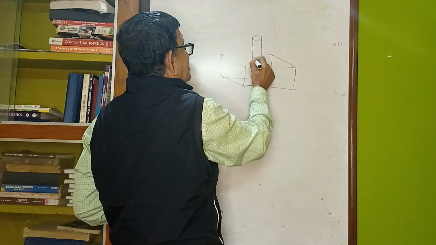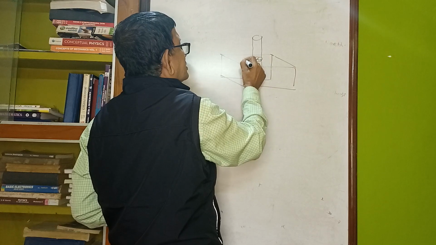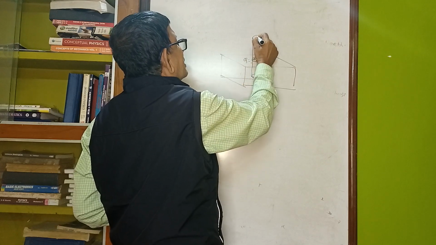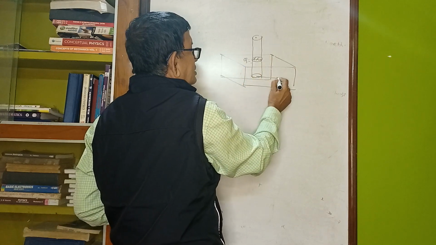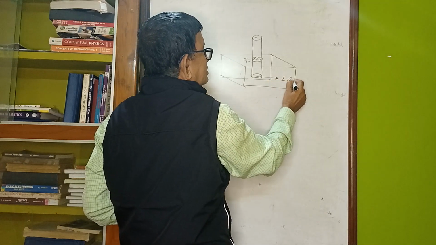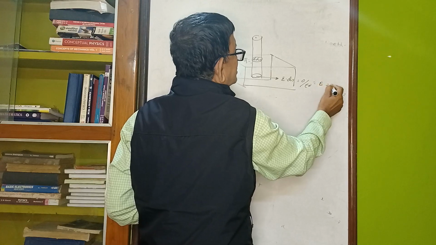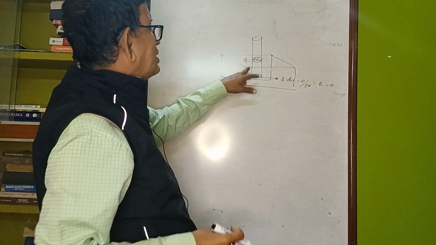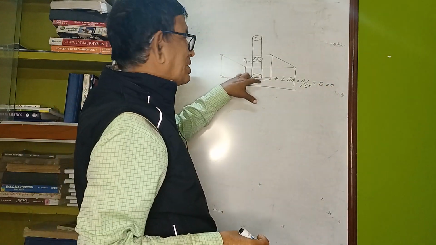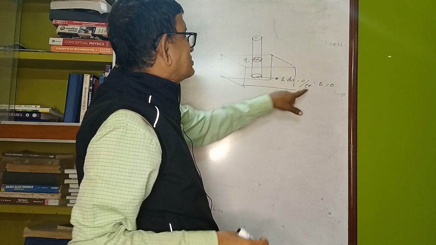This surface has charge sigma ds. In that case E dot ds equals charge by epsilon naught. You know, inside the conductor no charge is there, so the total charge is 0 by epsilon naught.